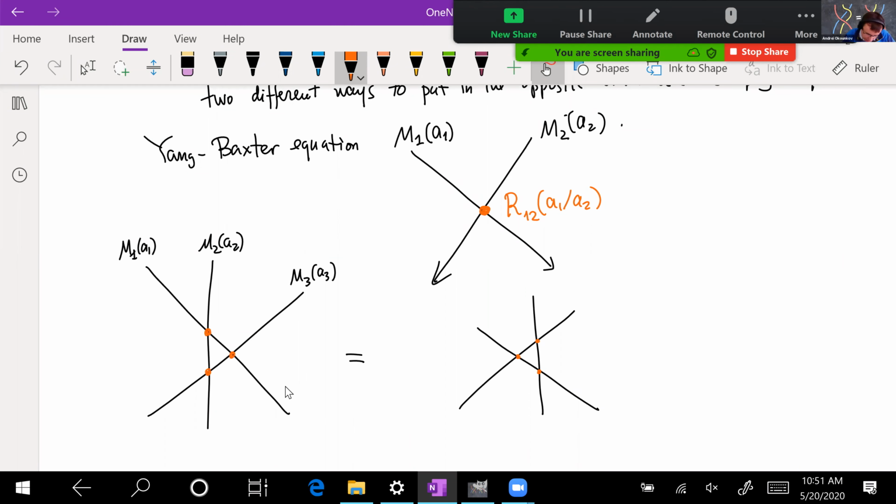You can think of this from the point of view of 2D statistical mechanics as an invariance of your model with respect to some local rearrangement, which is a combinatorial analog of something familiar. If you study quantum field theory, it's very valuable to know that it's covariant with respect to local changes of coordinates, for example conformal ones. That's super powerful.